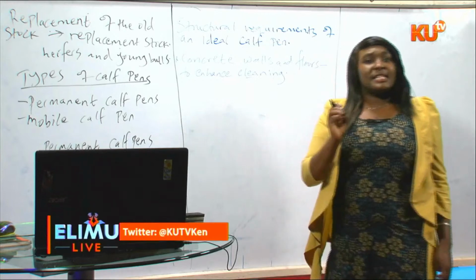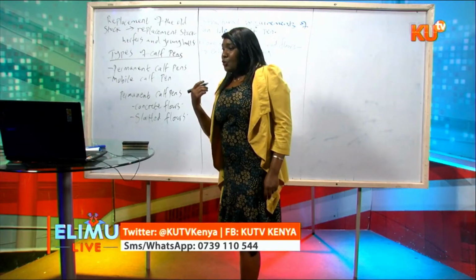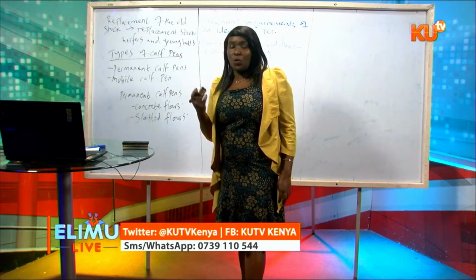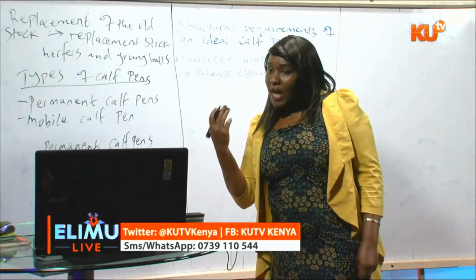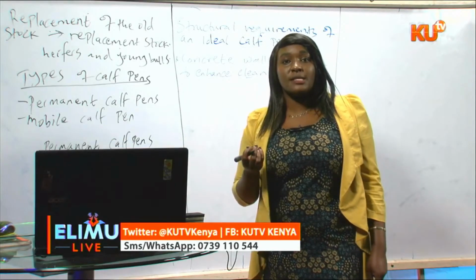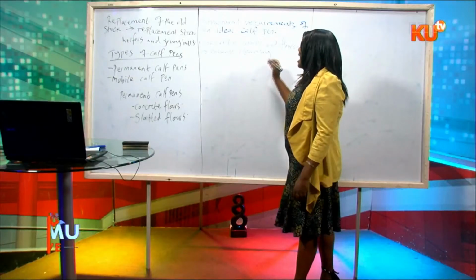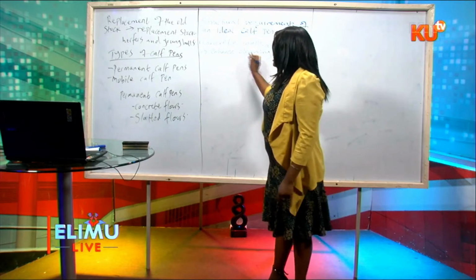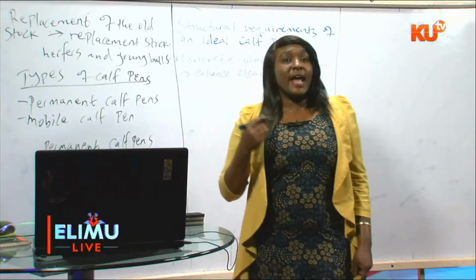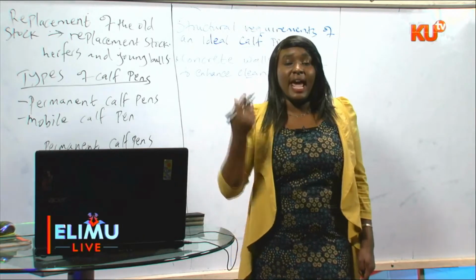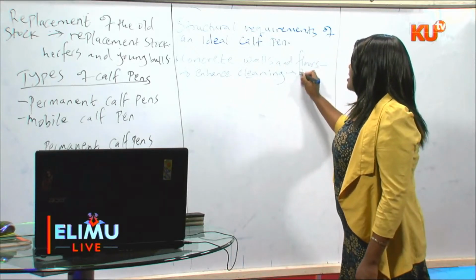We need to clean these calf pens more often. And I believe that you have a reason why even we clean our houses. I expect we have a reason as to why we clean our houses. Of course, it's because we don't want accumulation of parasites and diseases. When we do cleaning of these calf pens more often, we enhance the health of these animals, because they do not suffer from diseases such as foot rot.